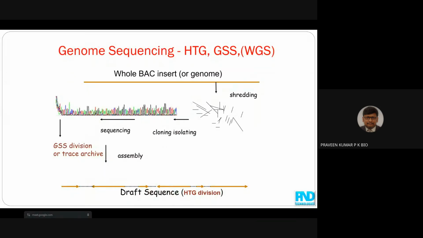So if you see genome sequencing, we have high throughput genome sequencing, genome survey sequences. There are plenty of terms, thousands of terminologies in the genome. We simply say genome sequencing can be done with Illumina, but there are so many technical terms. One should know at least the basic terms we use.